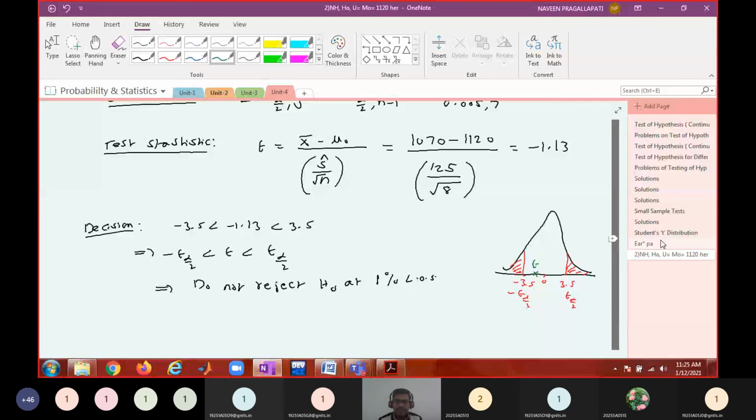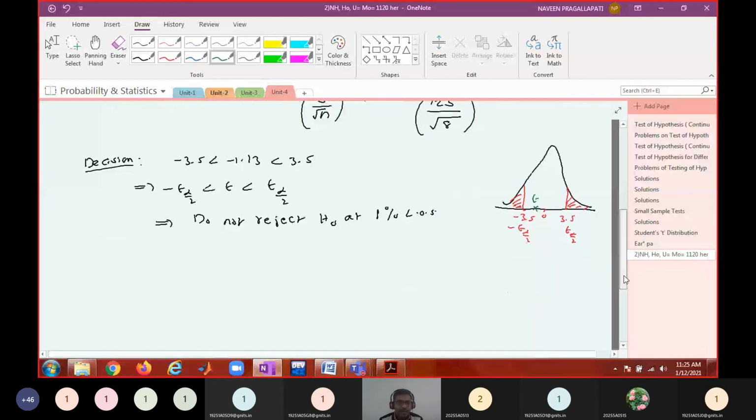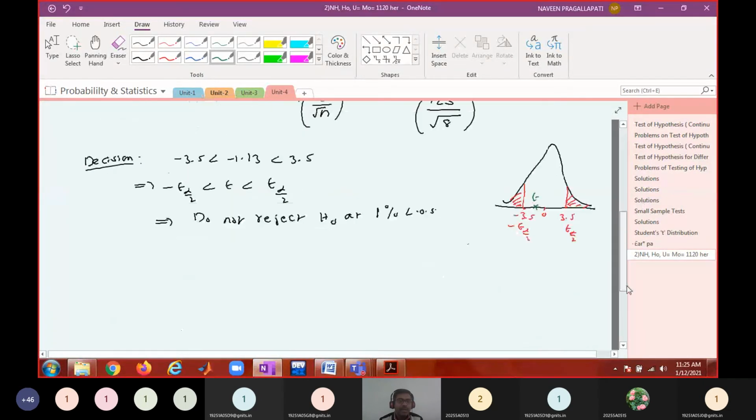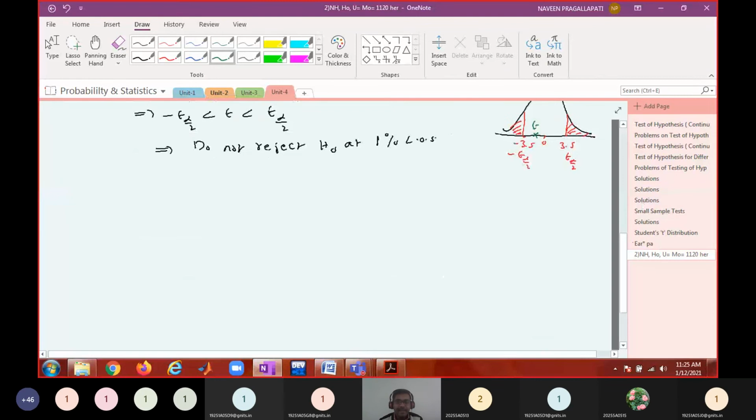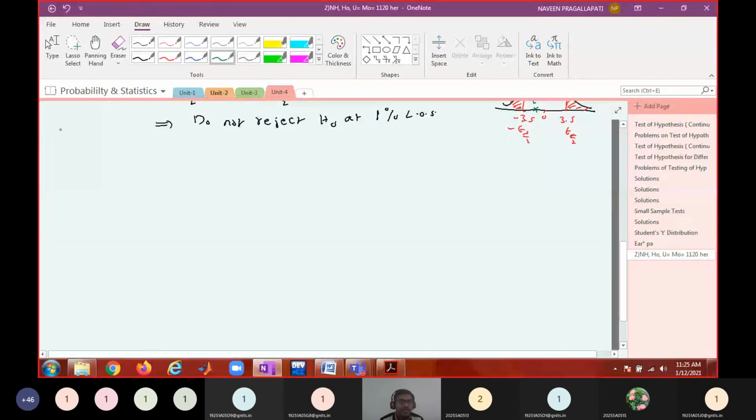Now we'll just do one more problem and stop quickly. Now I will apply the left one-tail test. So this is the B part, with the first level of significance.